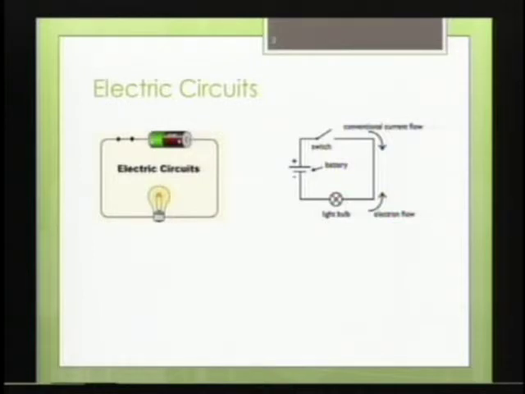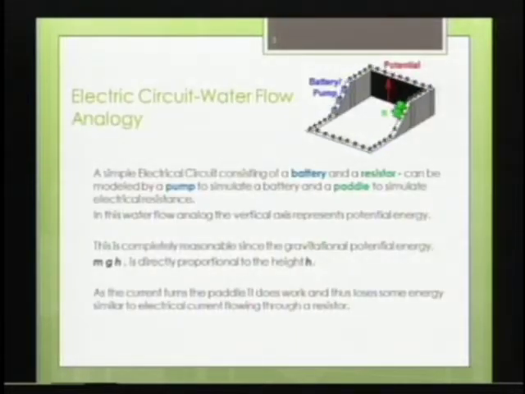Let's see. We talked about this, right? You see the battery, the switch and the light bulb, and then to the right of the slide, the symbols for these elements of the circuit. Very good. What do we have here?